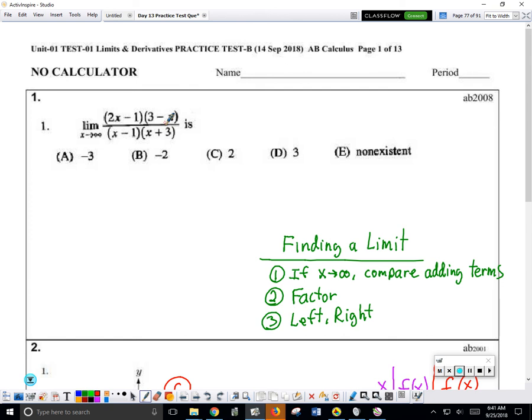So that means you can say this limit problem is equivalent to this limit problem. Instead of writing 3 minus x, I can just say, hey, negative x is going to dominate. I don't need to really consider the 3 once x is very, very large.